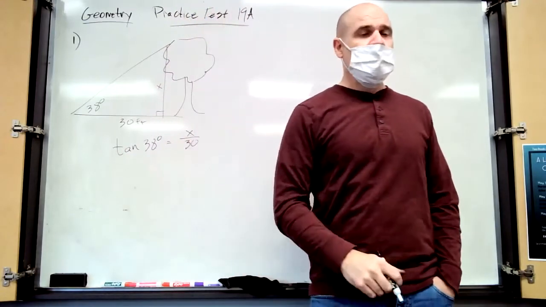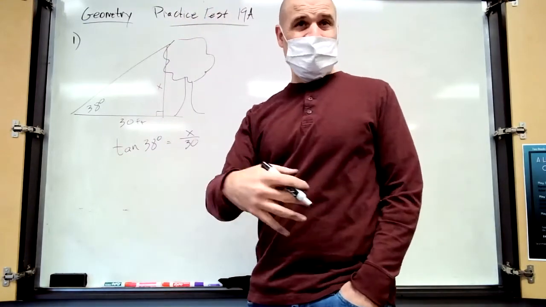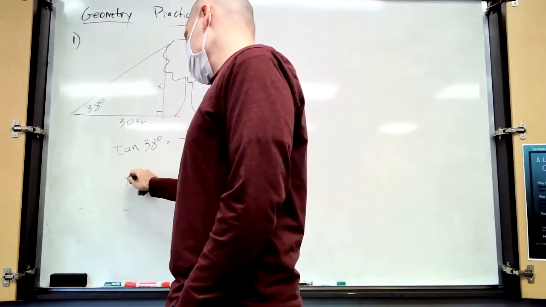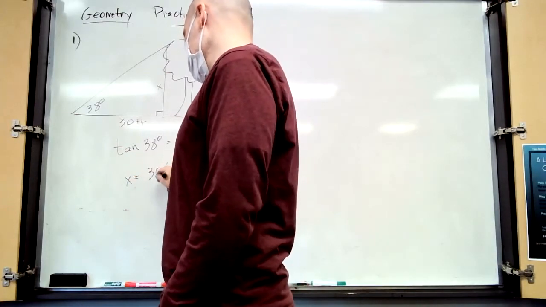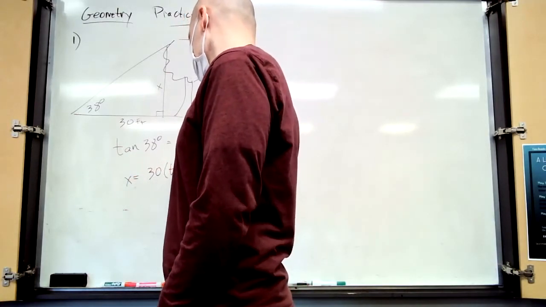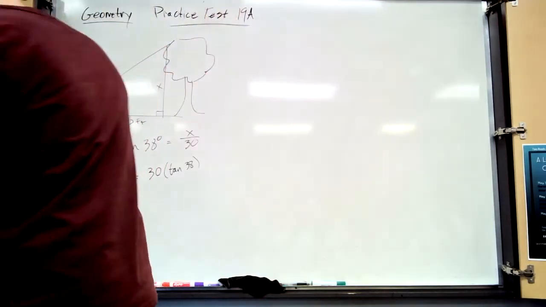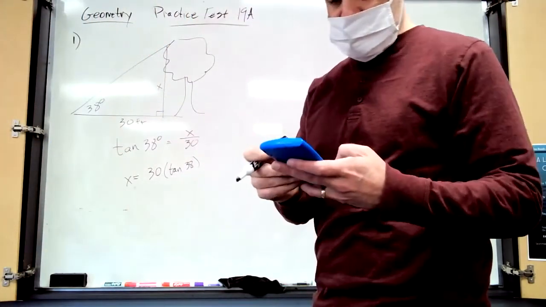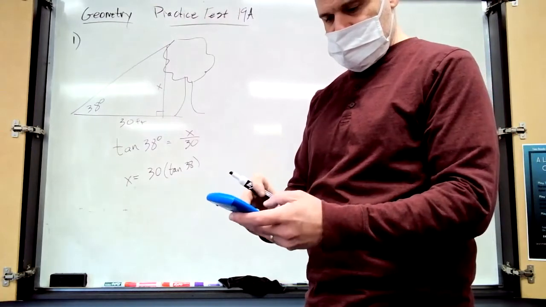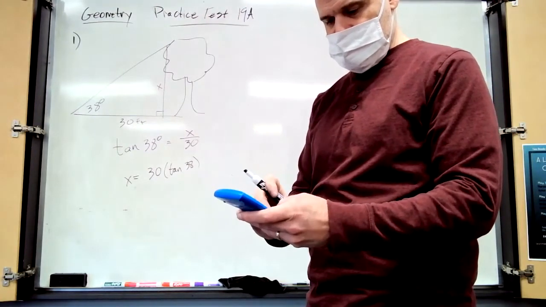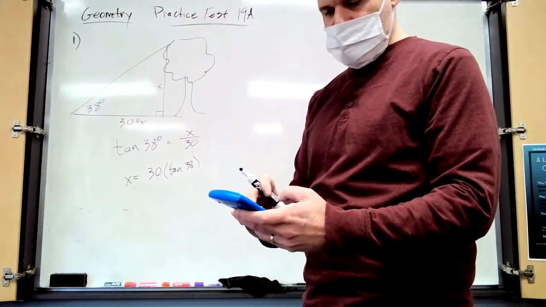Very good. So to solve for x, multiply both sides by 30. So x equals 30 times tan of 38. Handy dandy calculator.